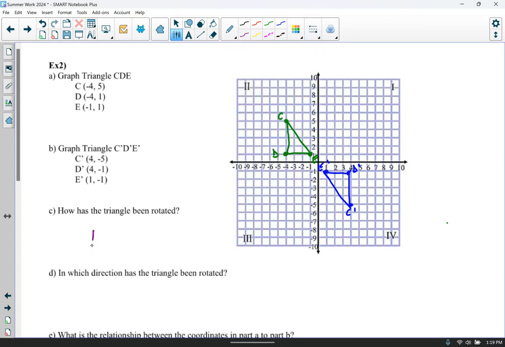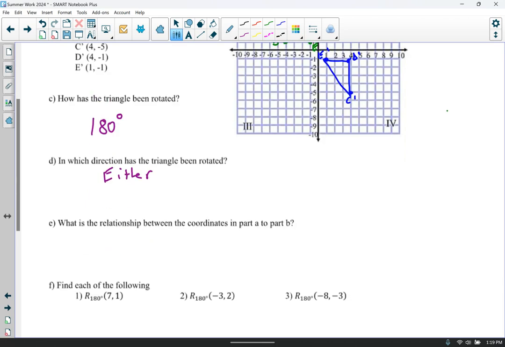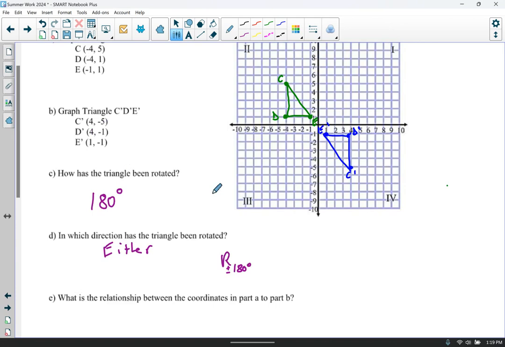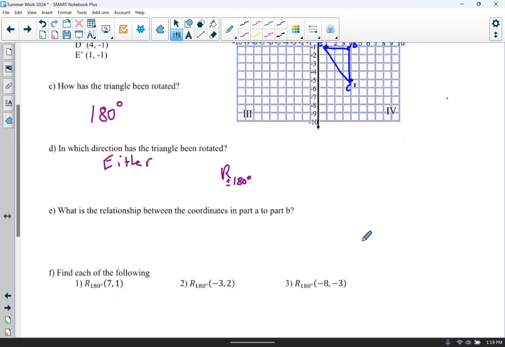It's been rotated 180 degrees. In which direction has it been rotated? Honestly, either. You can get there going clockwise or counterclockwise. So when we talk about a rotation of 180 degrees, it doesn't matter if we talk about it positive or negative, because either way, it's going to wind up in the same location.